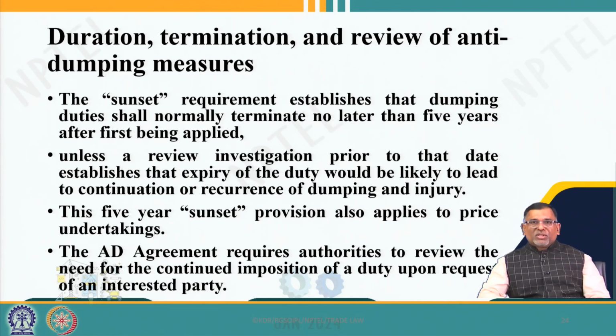So, the sunset review provision of 5 years is applicable to price undertakings and provisional measures as well. It means that no country can continue with the provisional measures beyond 5 years. So, you have to review and terminate.